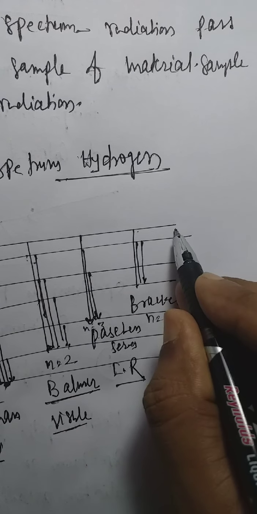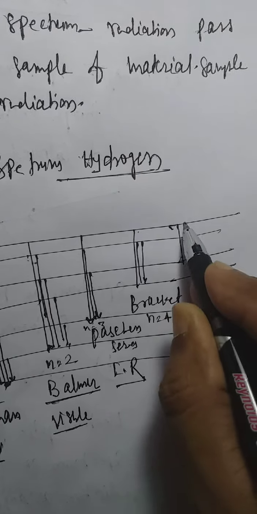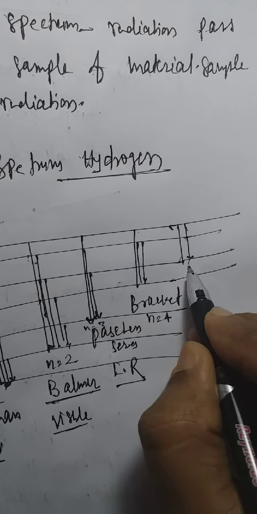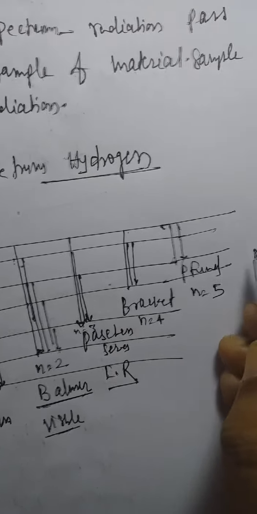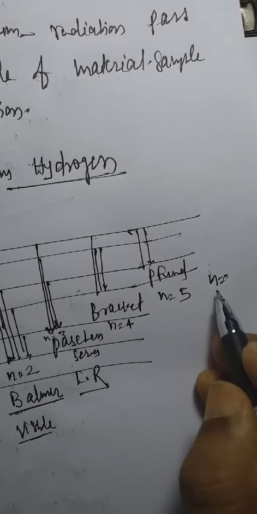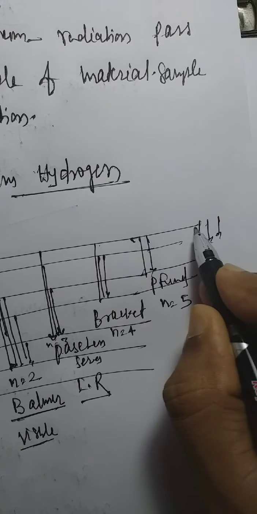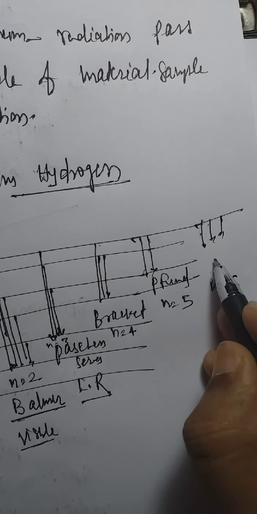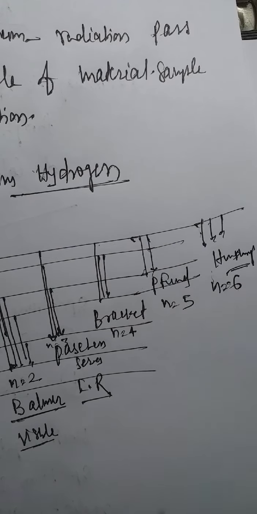And then we have another two series: the Pfund series, where n is equal to 5, and another where n is equal to 6. It is the Humphreys series, where spectral lines fall like this. This is the Humphreys series, where n is equal to 6.